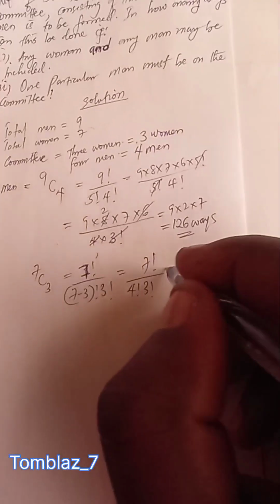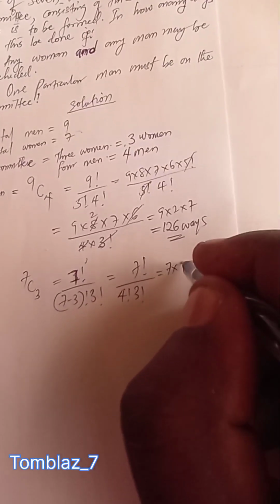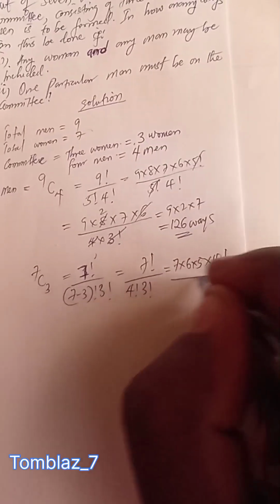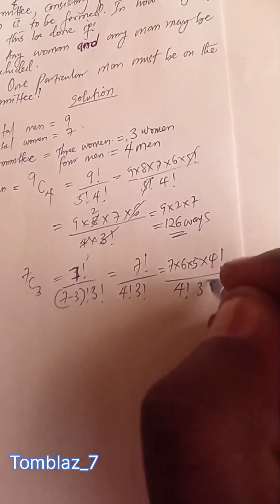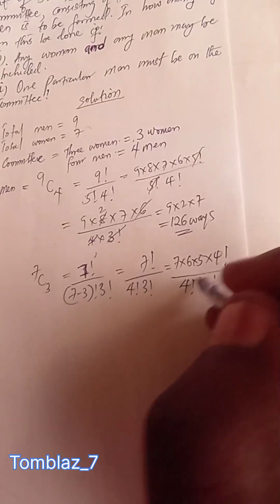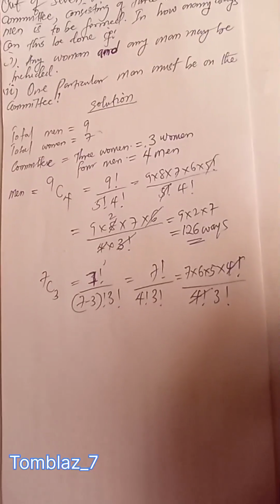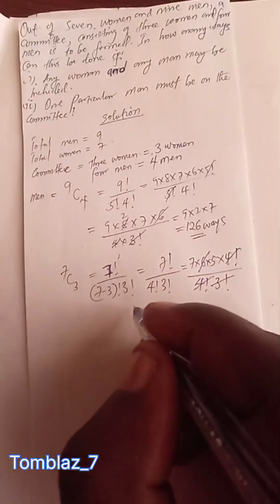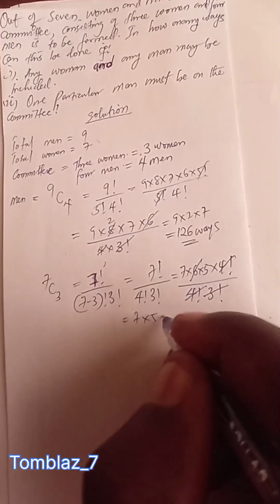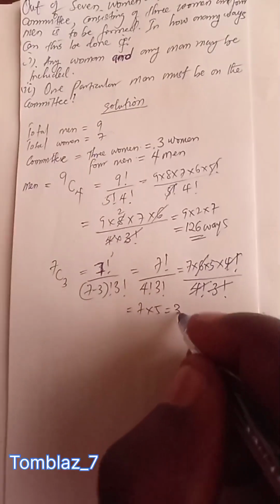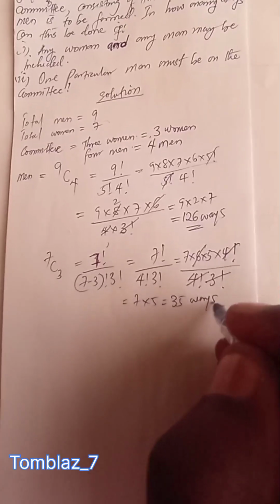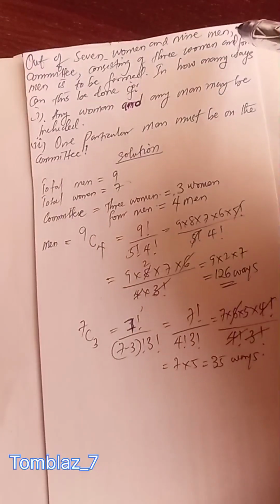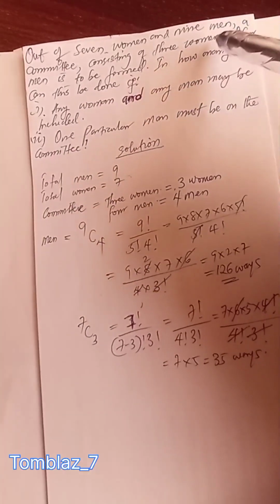And this value can be broken into 7 times 6 times 5 times 4 factorial all over 4 factorial 3 factorial. So this 4 factorial can cancel this 4 factorial. 3 factorial is 6. So we are left with 7 times 5, which gives us what? 35 ways.